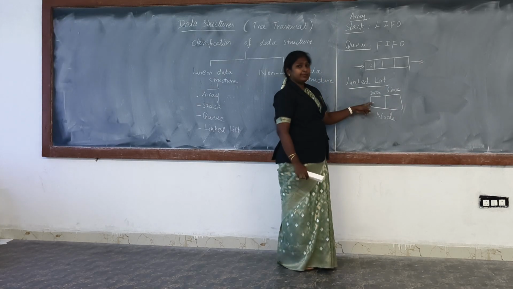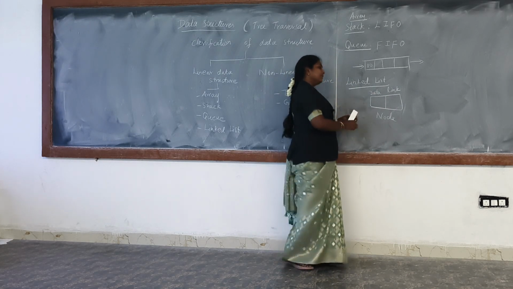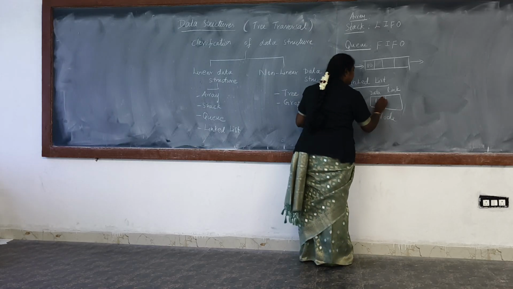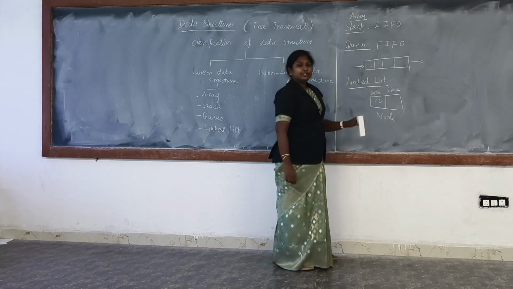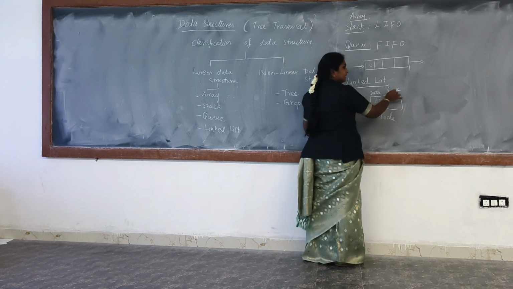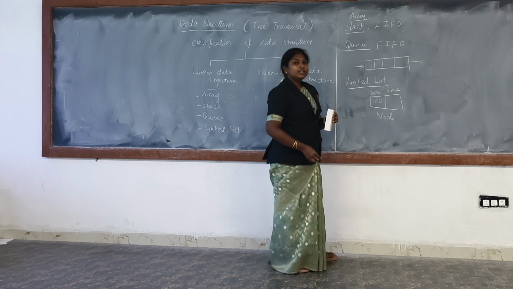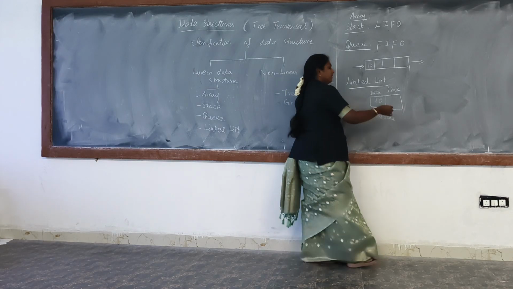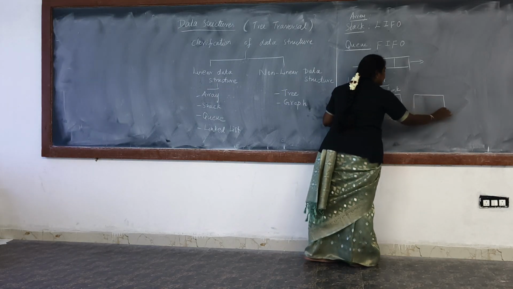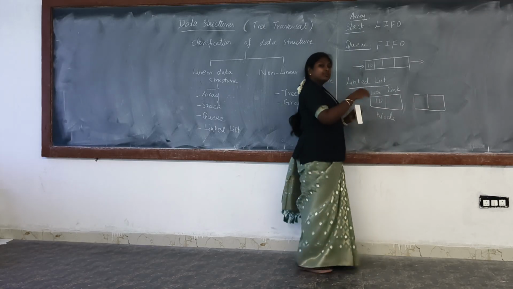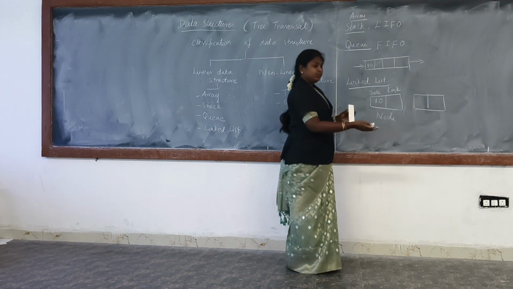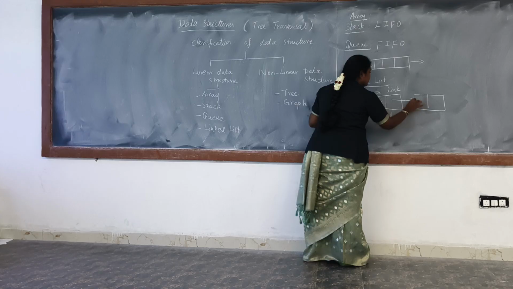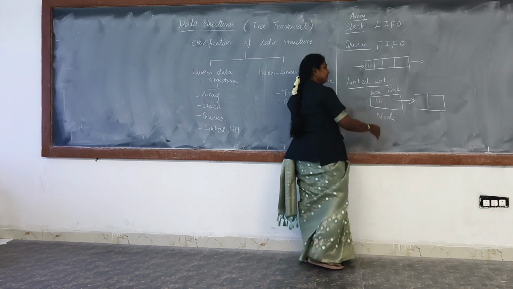Under the data segment you can store the element. For example, if I need to store the element 10, it stores 10. And under the link segment you can store the address of the next node where I want to move.